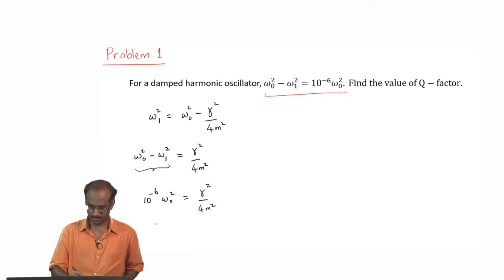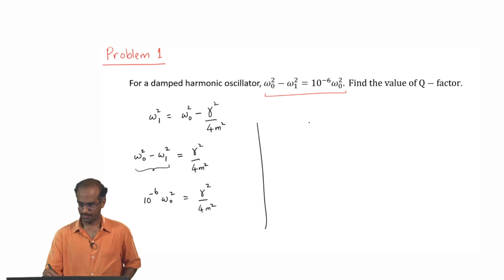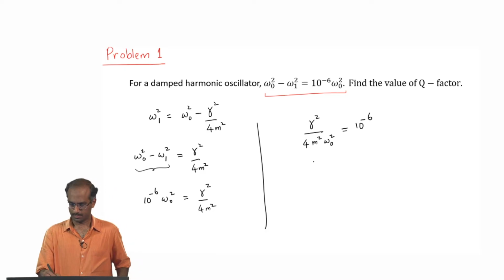So, if I bring omega 0 square down here, I will have gamma square by 4 m square omega 0 square is equal to 10 power minus 6. Therefore, the quantity I have here is 1 over 4, and this is simply Q square in the denominator.